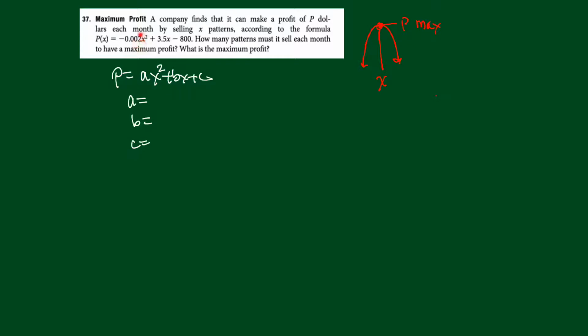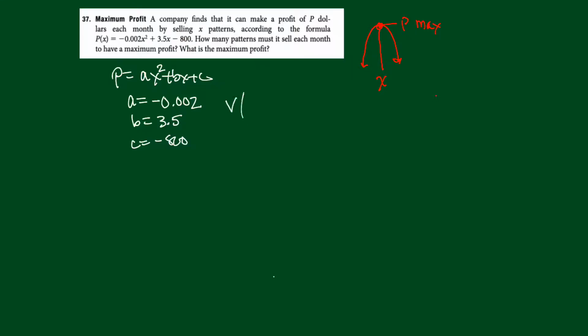A is the coefficient of the squared term, so in our case, that is negative 0.002. B is the coefficient of the linear term, the first degree, so that's 3.5. We don't really need it here, but let's just write it anyway. What is C? C is negative 800.